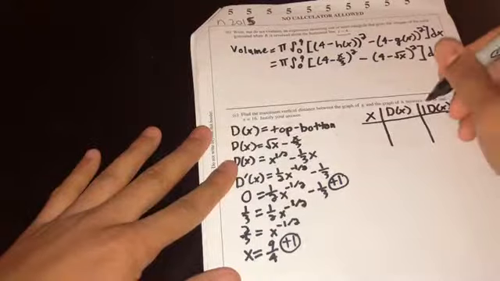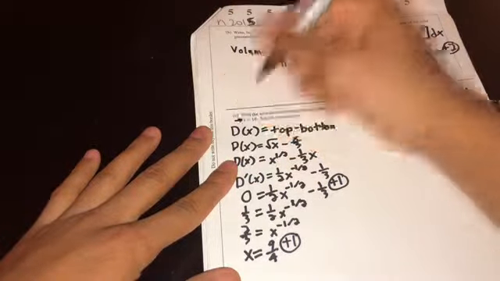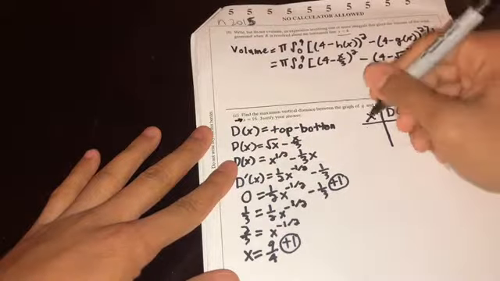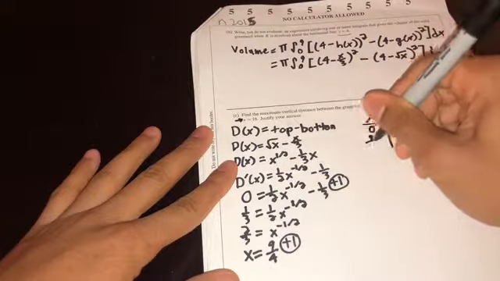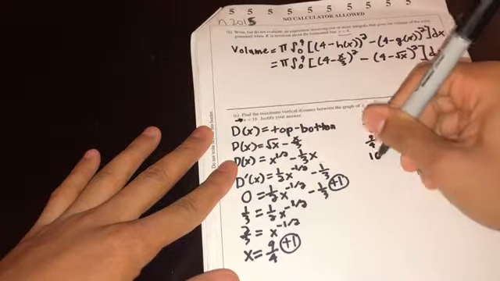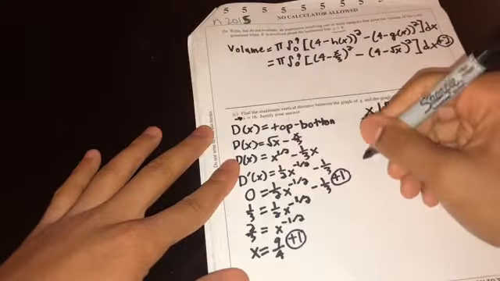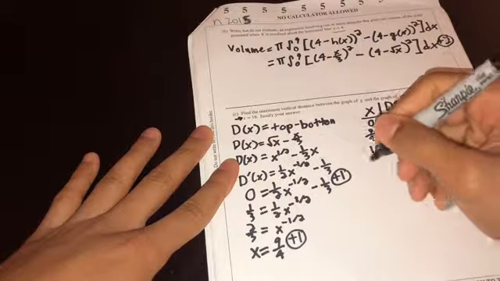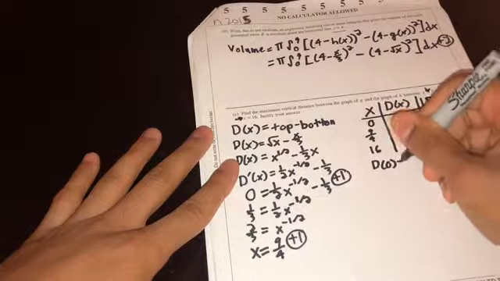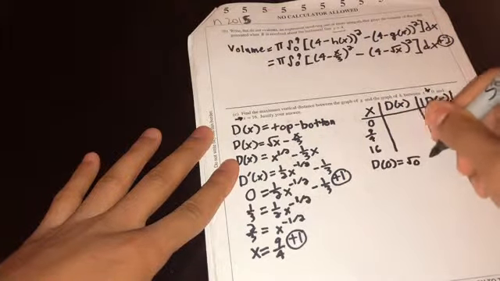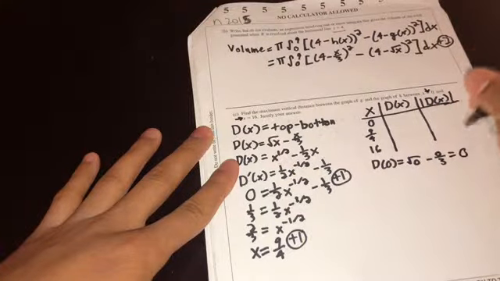So we have here, x is equal to 0, and we have x is equal to 16. So our three numbers are 0, 9/4, and 16. And when we plug 0 into the d equation, we're gonna get square root of 0 minus 0/3, and that'll come out to be 0.